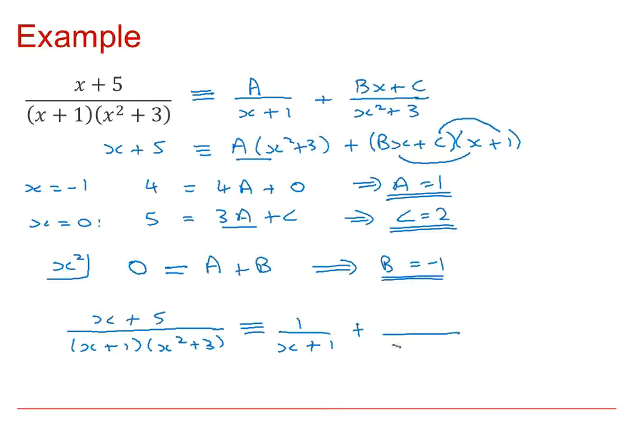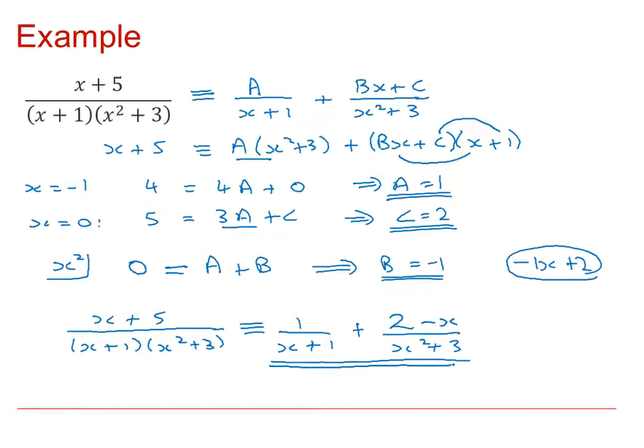We know the denominator is x² + 3, but the numerator would be -1x + 2. The neatest way of writing that perhaps is to turn it into 2 - x. And again we've got something here that will be easier to handle when it comes to integration.